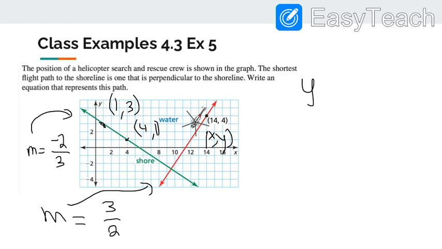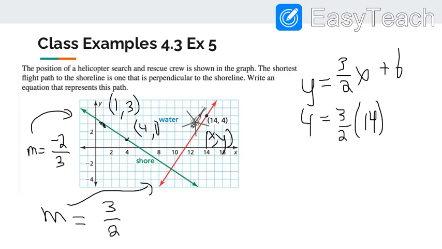So y equals 3/2 x plus b, plug in 4 for y, plug in 14 for x, plus b. 14 times 3/2 is 21.